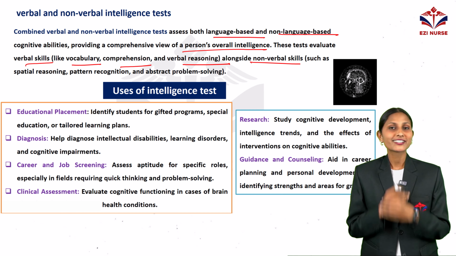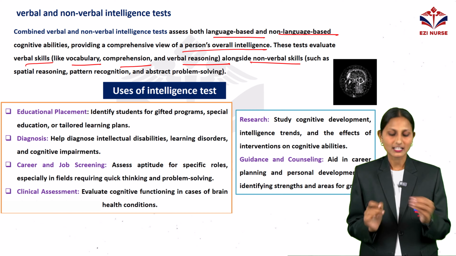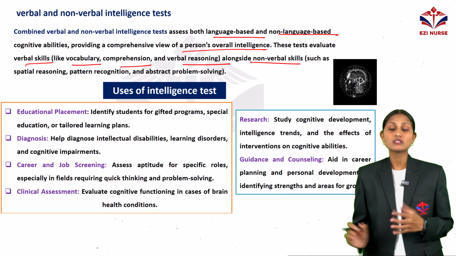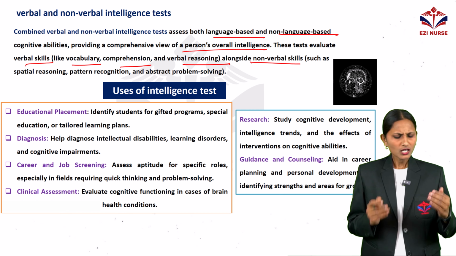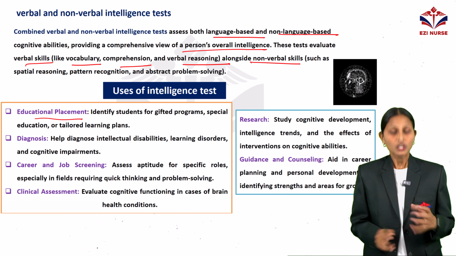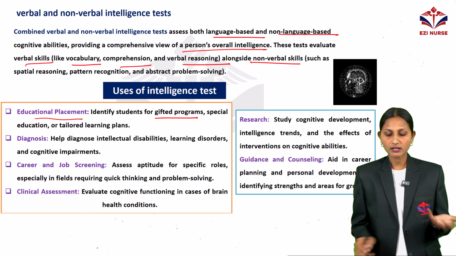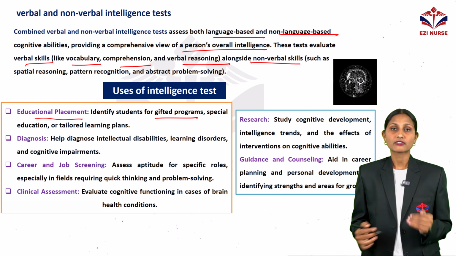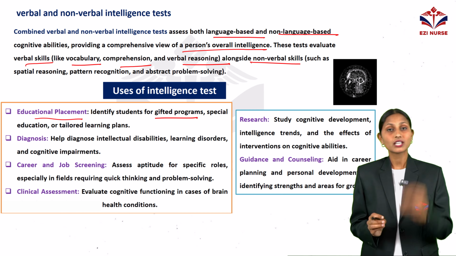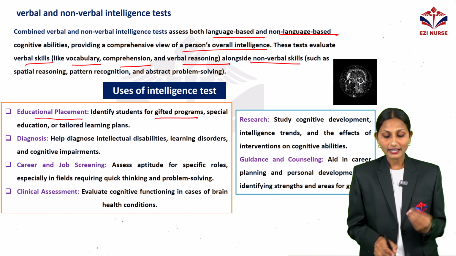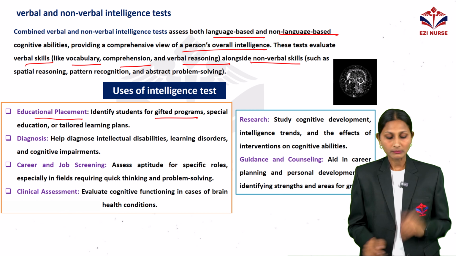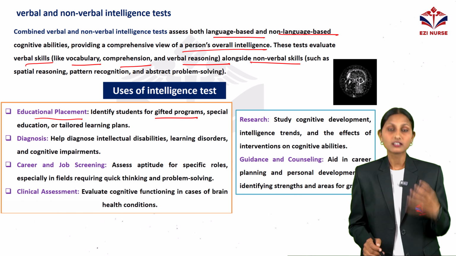Next, we are going to discuss the uses of intelligence tests. Where can we use these intelligence tests? First one is educational placement. Whenever we have to place a student in a particular gifted program, at that time we can place them with the help of this intelligence test, identifying students for gifted programs, special education or talent learning plans.